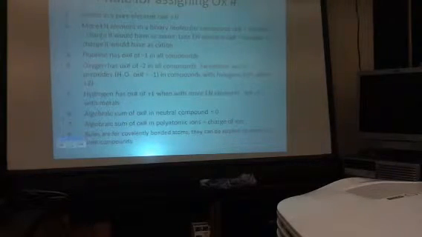So, because they relate to how electrons are being shared between two things, if you've got a lump of pure carbon, is it sharing any electrons with anything else? Guess what its oxidation number is? 0. Pure elements always have an oxidation number of 0. That's your very first rule.